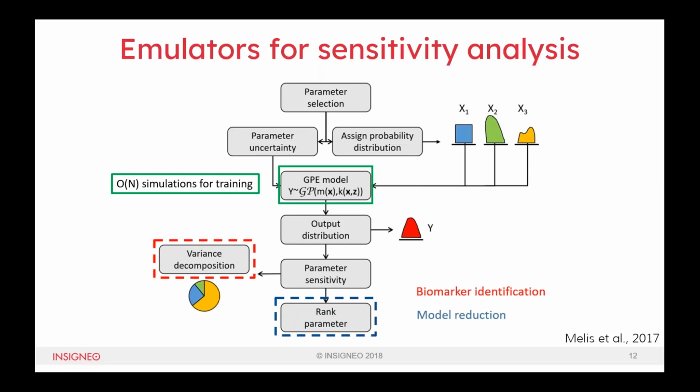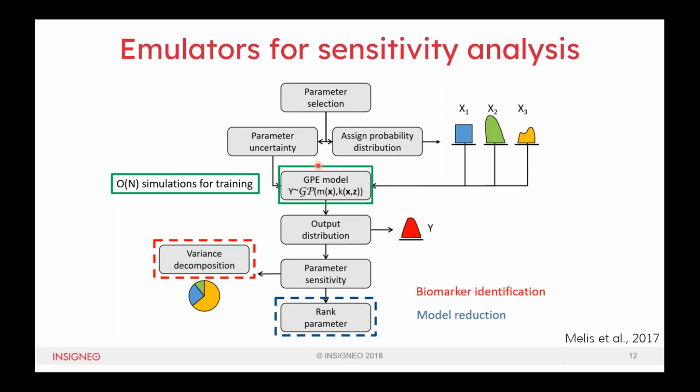And this is an example of a pipeline that combines the use of Gaussian process emulators and the use of sensitivity analysis for the 2 different applications that we will be focusing on in the rest of this talk. At the very beginning here, you have the definition of your model, where you define the input parameters and compute all the associated uncertainties, and you run the model on the input parameter space.